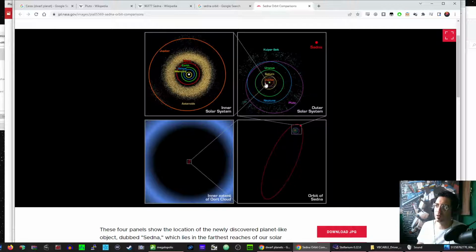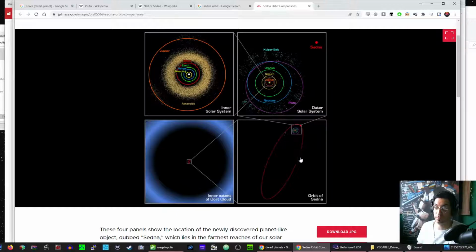And let's see here if we can get another comparison. If Pluto is this purple line, Sedna is way out here. And then in this picture, Pluto is this purple line on the inside here, and Sedna is here.